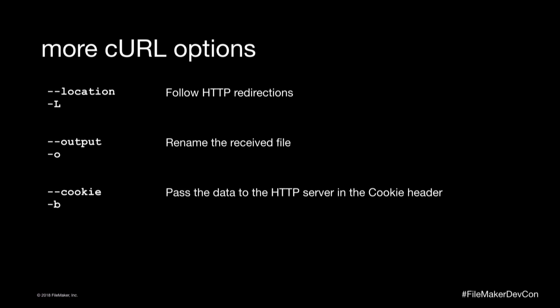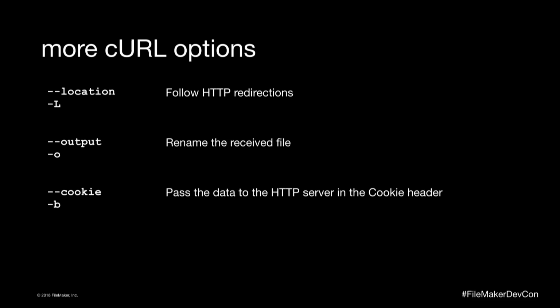Some other cURL options. So there is one cURL option called location, which is pretty important. It's becoming more and more common. Often the URL that is given to us in the documentation, or the URL that we are supposed to call, is not the URL that is going to follow up on our request.